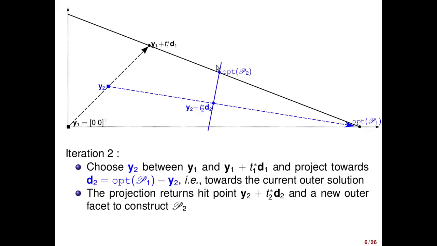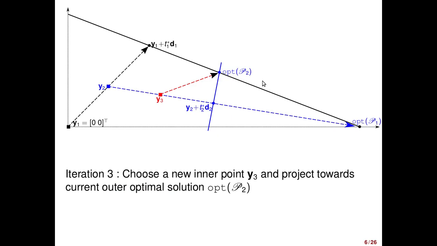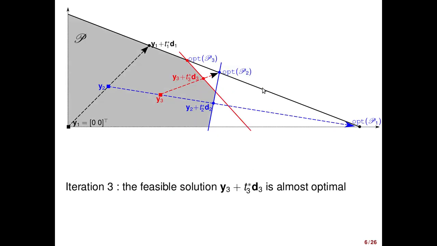Let's say I find this facet, this new hit point, the optimal outer solution moves here, then I continue, I choose Y3, I project it towards the best outer solution I know up to now. I obtain, let's say, this linear constraint, a new feasible point, and here, if the polytope is this gray area, the real polytope, opt P3 will become optimal, and I can no longer separate it.